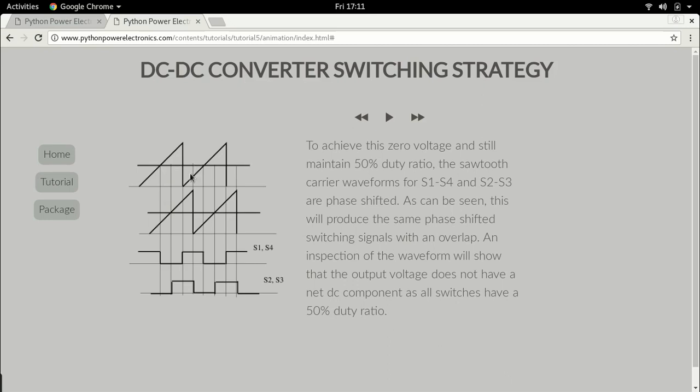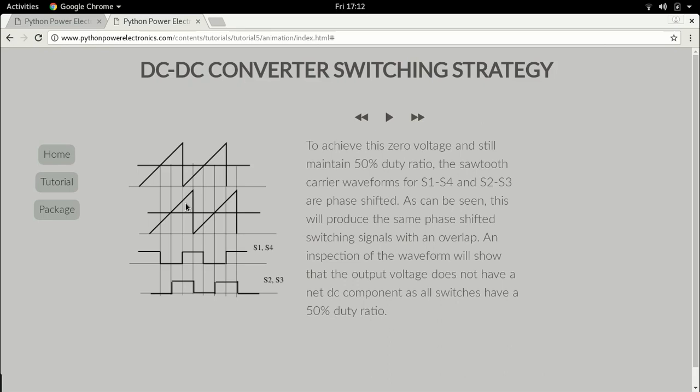But the phase shift between these 2 carrier waveforms will become the phase shift between the firing signals of these switches. And that phase shift between these sawtooth waveforms is what will produce the 0 voltage vector. And that's how we can control it, by producing a phase shift between these carriers.